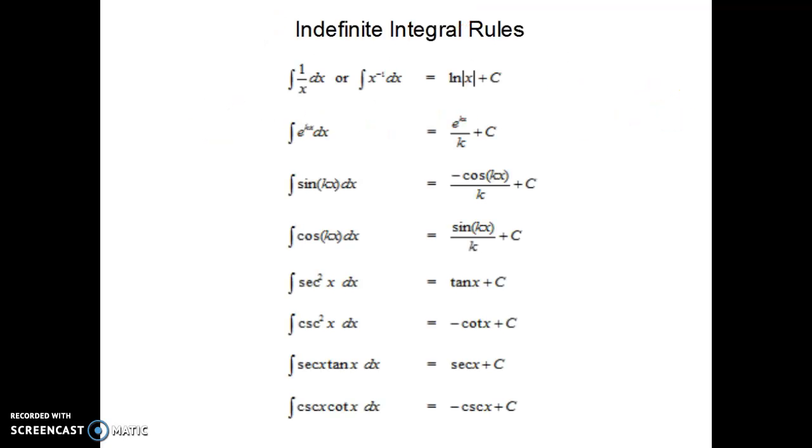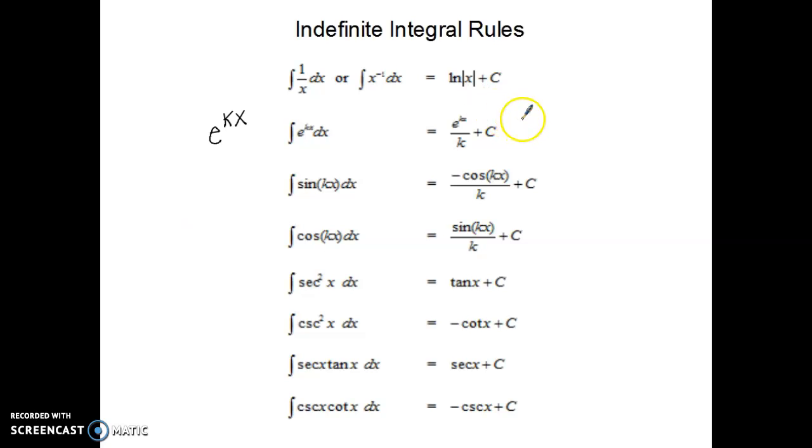So here's a list of our rules for integrals. I do want to emphasize, since this is a little tough to see some of the notation, in my second example, that's e raised to the kx power. K is just a numerical value.